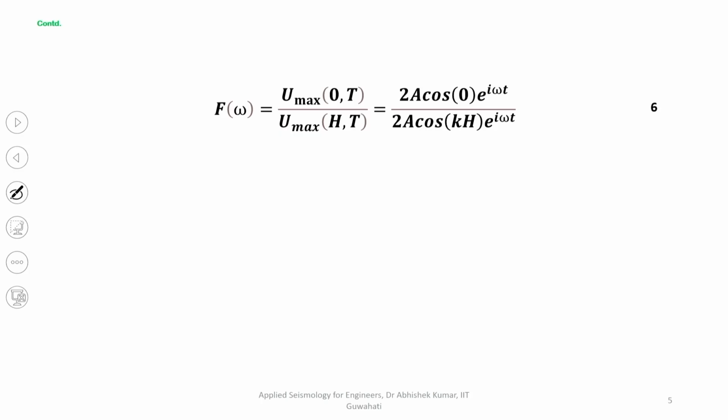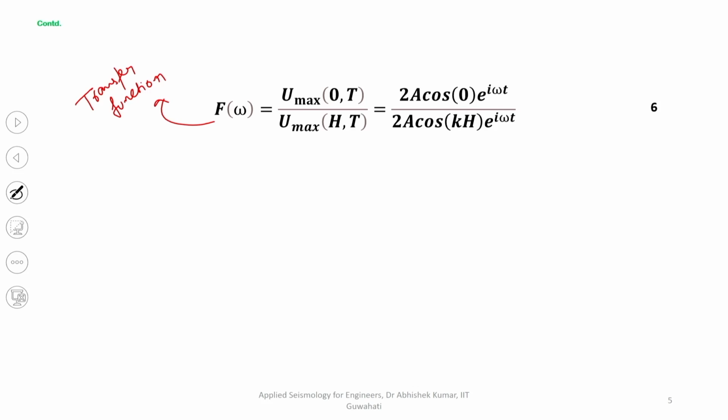So, again we define a function, this function is called transfer function. If you remember lecture 17, transfer function was basically used to transfer the motion from the bedrock to the surface, or more precisely from the base of a particular soil layer to the top of that particular soil layer.